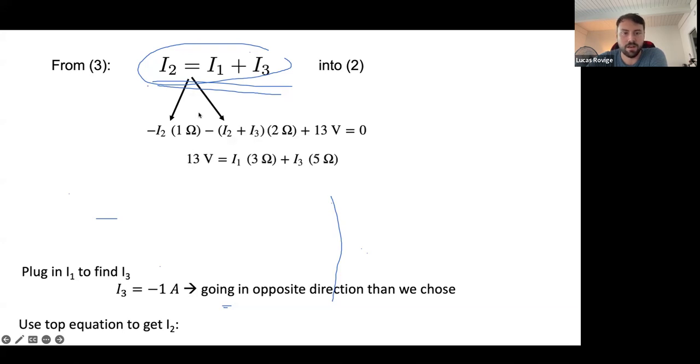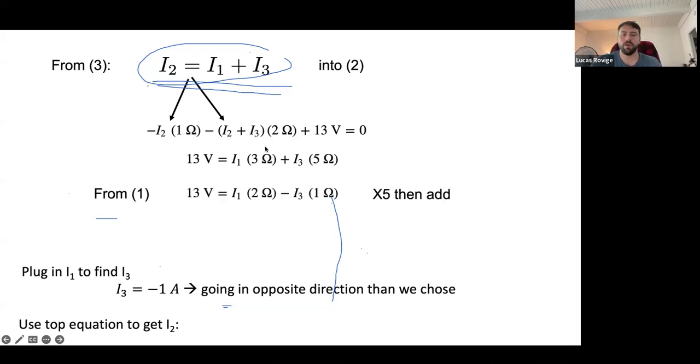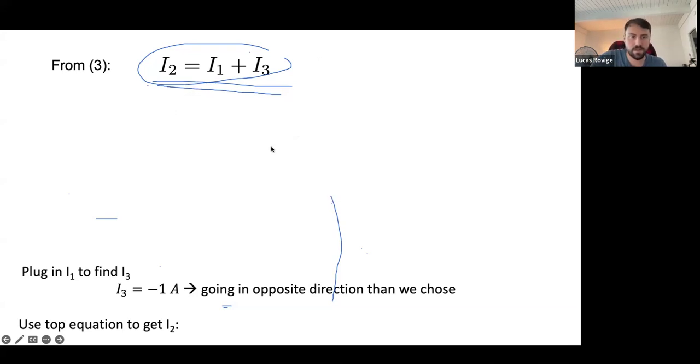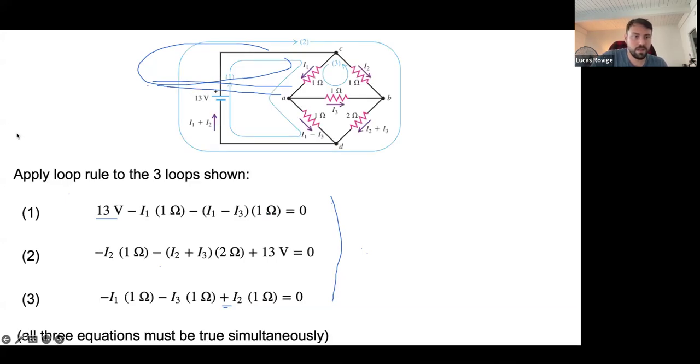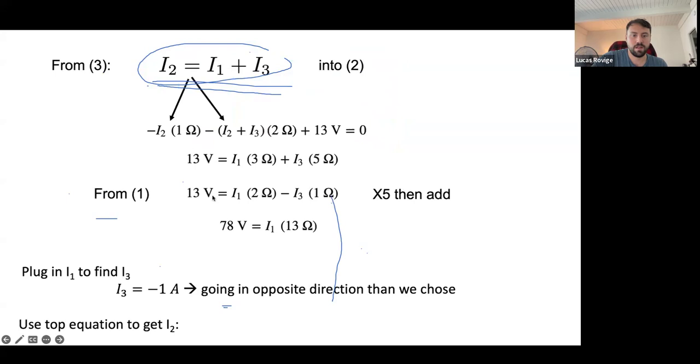And then we simplify and we just have an expression that gives us I1 and I3 together. And then if we look at the first equation here, we have only I1 and I3, and so we can express I1 and I3.